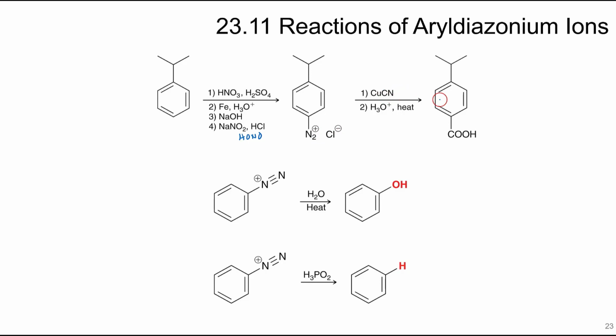And then we add copper cyanide, do a hydrolysis, that will get us the carboxylic acid. If you have the diazonium salt, we can just add water and heat to that to get phenol if you wanted to do that. Or you can also use this H3PO2 to put a hydrogen back on there. Using the synthesis, amines can be used as a directing group.